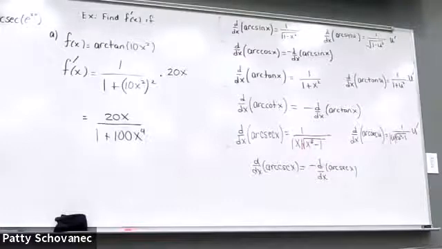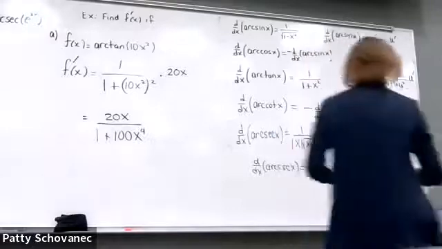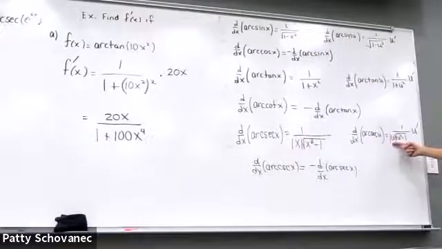So the formula says you make the ratio 1 over the absolute value of u times the square root of u squared minus 1, times u prime.